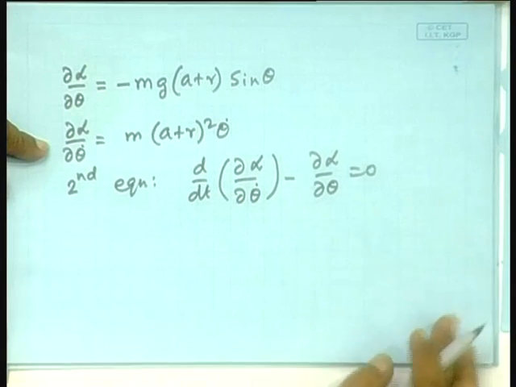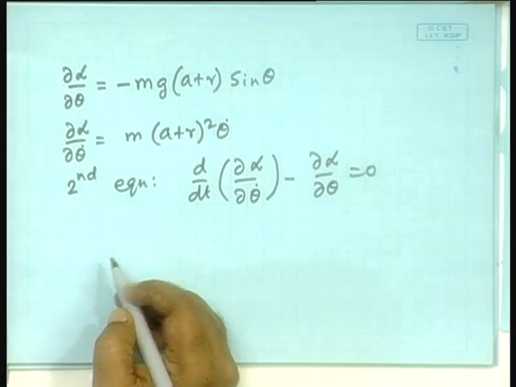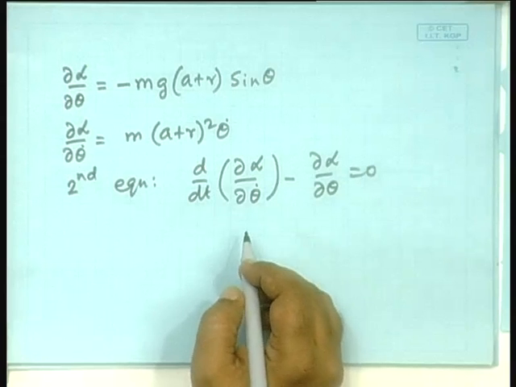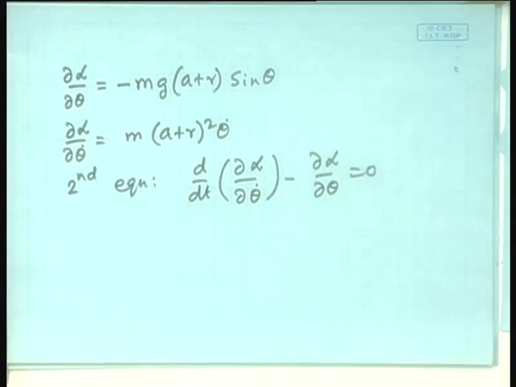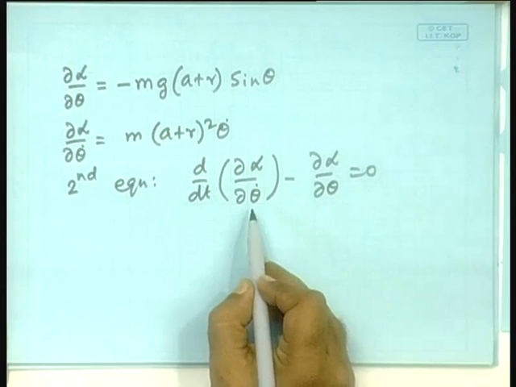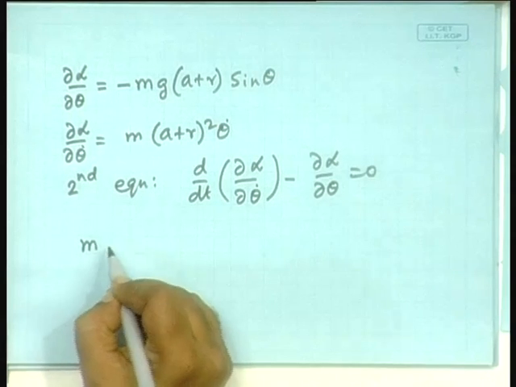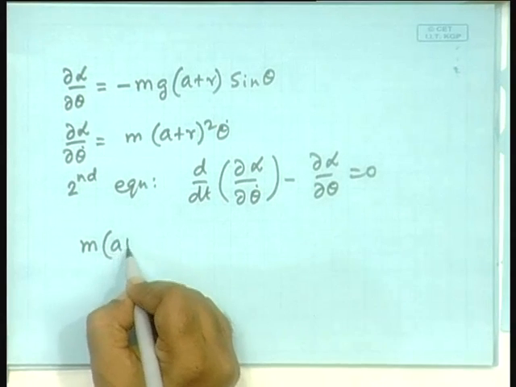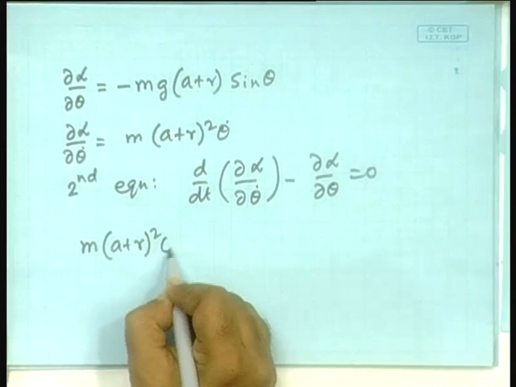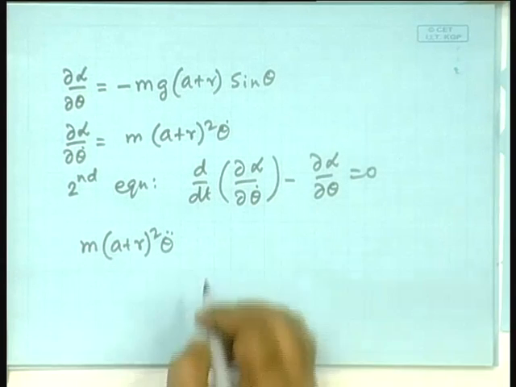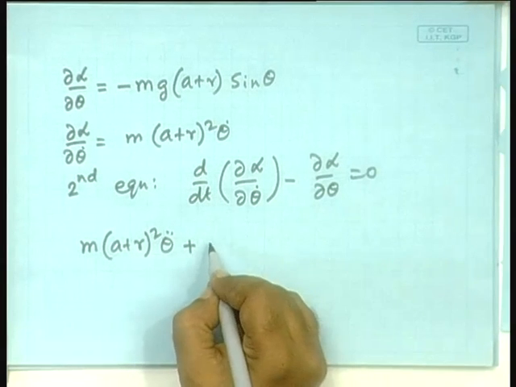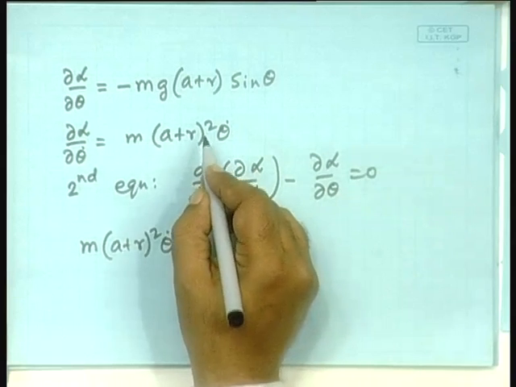That is what I wanted to point out. So, by differentiating this, you have m a plus r whole square theta double dot plus then you differentiate this one.